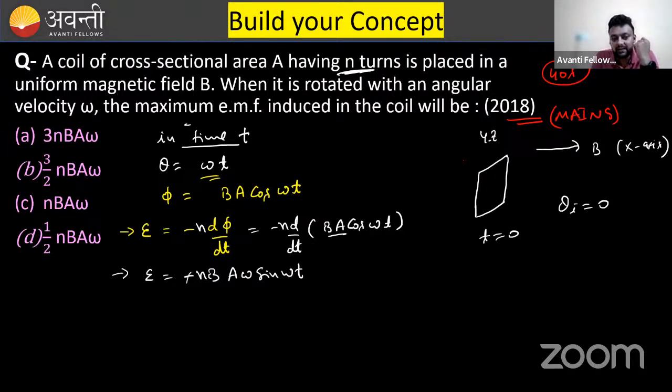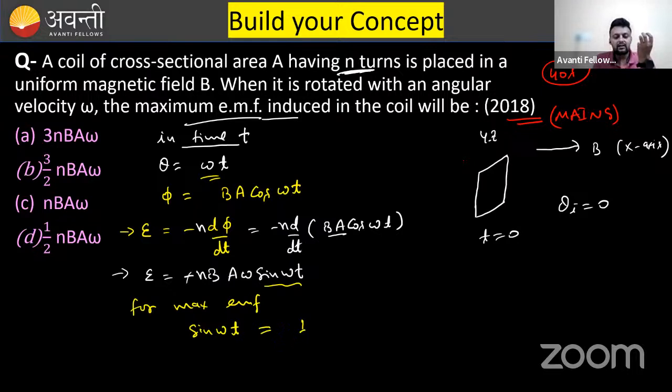Now they are asking the maximum EMF induced. For maximum EMF, EMF depends on this sine term. So what is the maximum? EMF will be maximum only if sine omega t is maximum, and sine has a maximum value of 1.